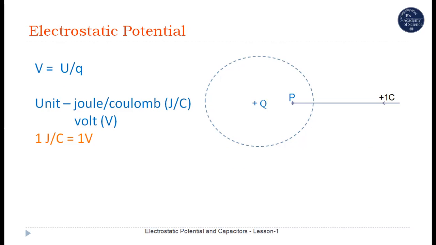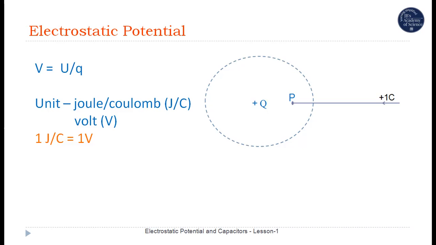Let U be the electrostatic potential energy of the charge q placed at the point P. Then the energy possessed by a unit positive charge placed at the point P is U divided by q.